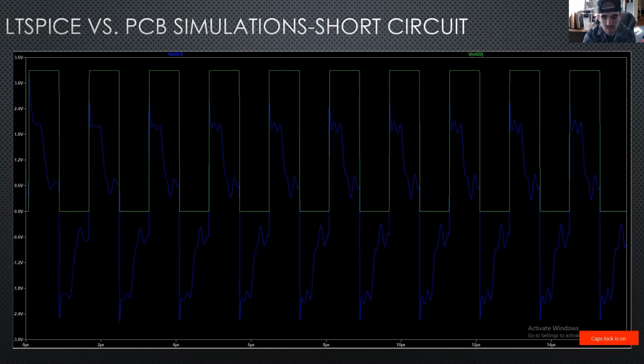The green waveform is the step at the source, and the blue waveform is the waveform that's fully reflected back. You can see that the blue waveform is equal and opposite to that of the input waveform.